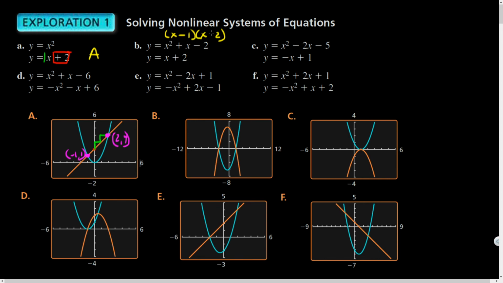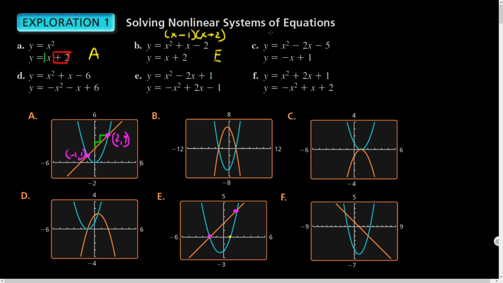Minus 1 plus 2? And therefore the x-intercepts would be at positive 1 and negative 2. And so notice positive 1 and negative 2 there. And so this is represented in the graph E, and the solutions would have been the places in which they intersected. Good.